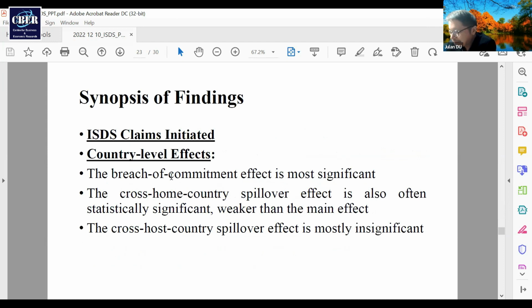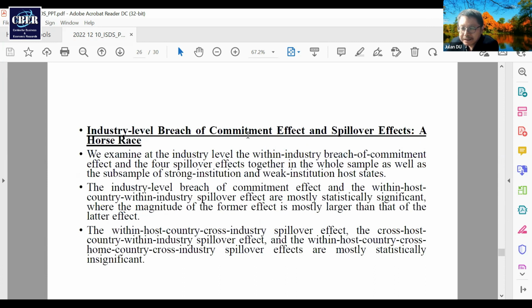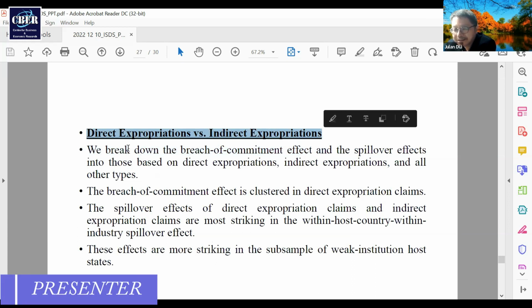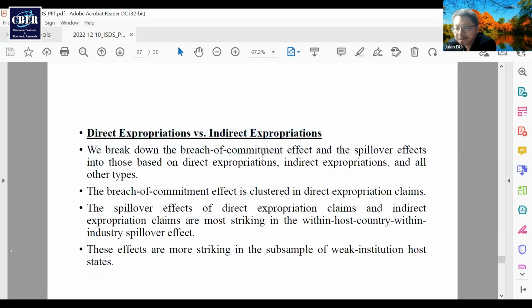Now, let me give a very brief description of the main findings. We look at three aspects. One is the ISDS claims initiated. Second aspect is the types of ISDS claims, like direct expropriation or indirect expropriation.